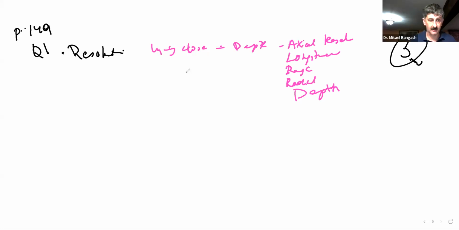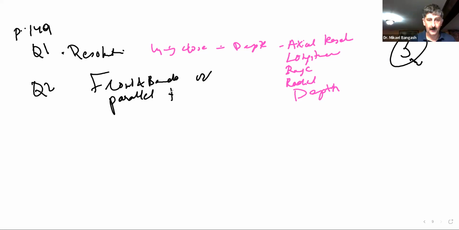What does question 2 ask about? Question 2: the ability to distinguish two structures that lie close together, front or back. That's a word that your book uses: front and back. Please, ladies, make sure that you remember this one here: parallel to the beam's main axis.